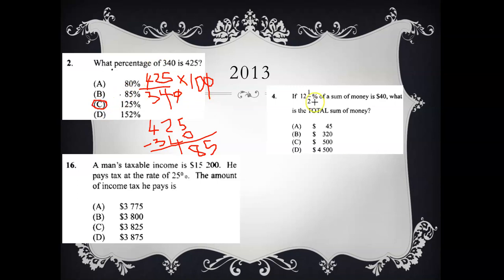Question number 4. If 12.5% of a sum of money is $40, what is the total sum of money? Now, 12.5% is actually 1/8 as a fraction.